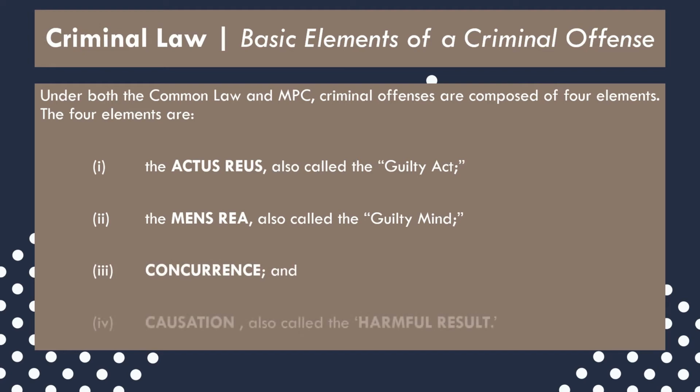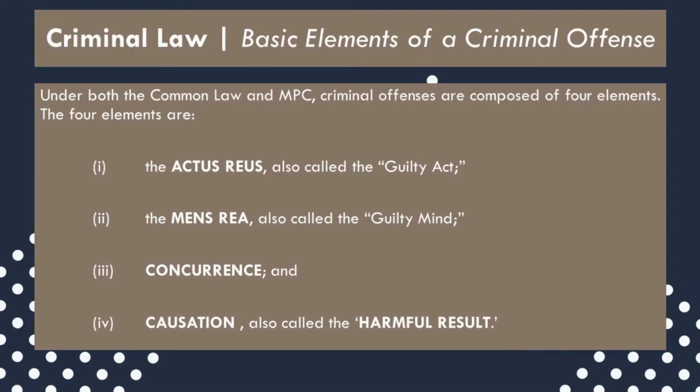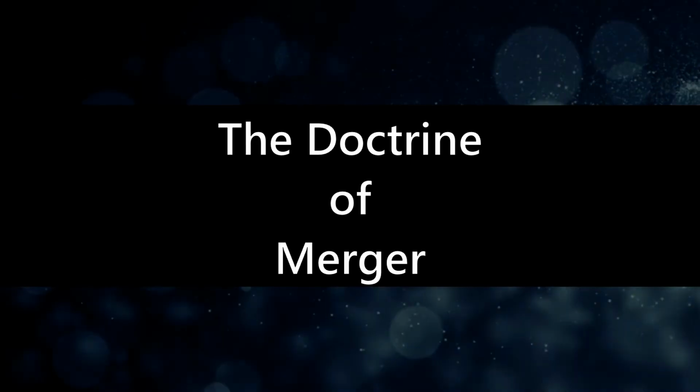And 4. The harmful result, also called causation. To prove the existence of a criminal offense, a prosecutor must prove each of these elements exists. She must also prove that each exists beyond a reasonable doubt. For now, however, we'll leave matters of criminal procedure to a separate lesson. Each of these elements is discussed in depth with their own videos.